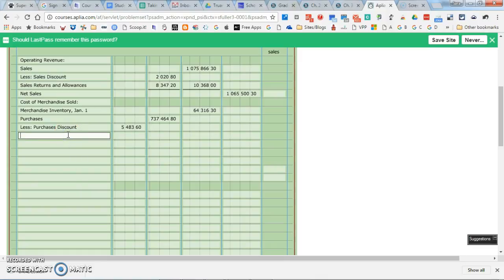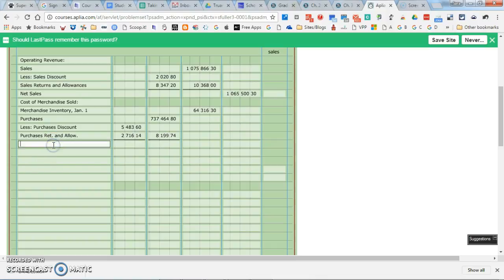Next line is purchases, returns, and allowances. First column, $2,716.14. And we're going to do the same thing as above and add those together to get a total. So $8,199.74.